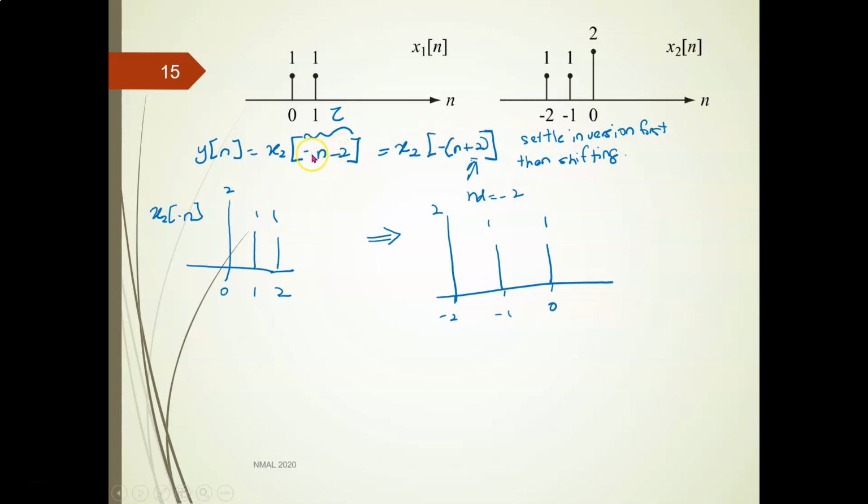Outside of the bracket, you cannot do the inversion negative n, because otherwise, if you do the inversion negative n and then you shift by negative 2, it will be wrong. You have to do it like this. Right, so for the next lesson, I will show you about discrete systems. For the discrete time signals, you can try to do questions D and E by yourself.